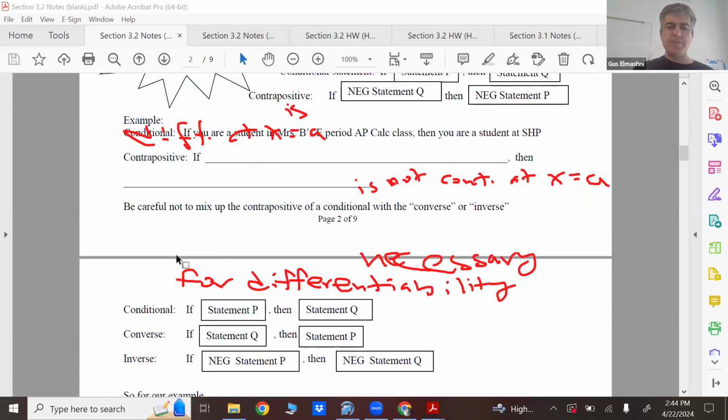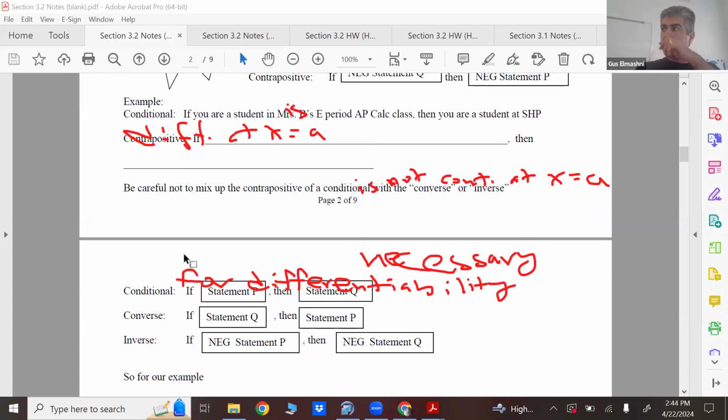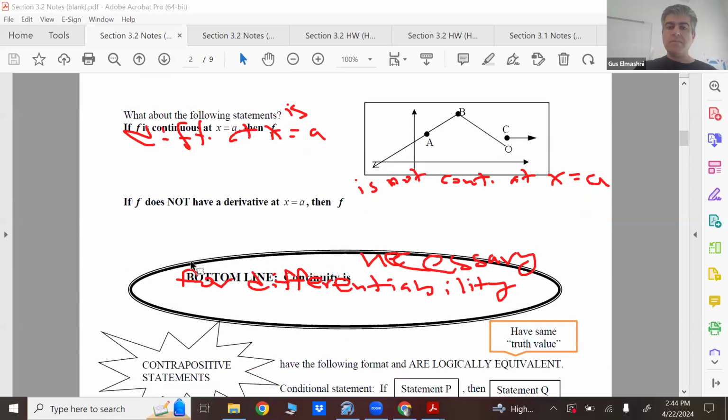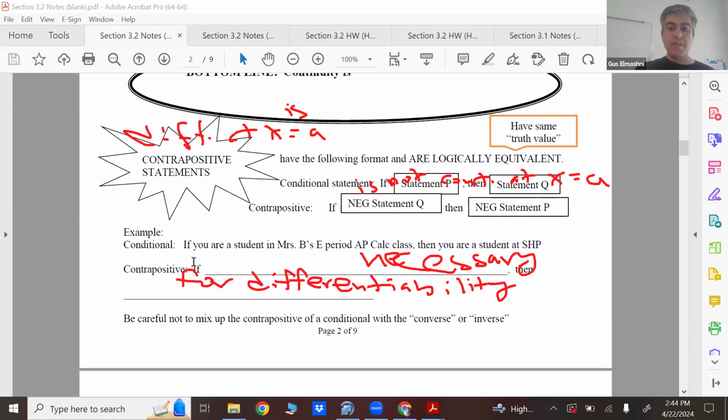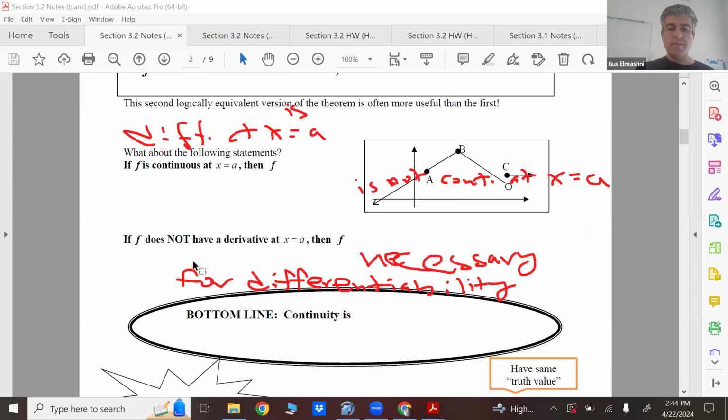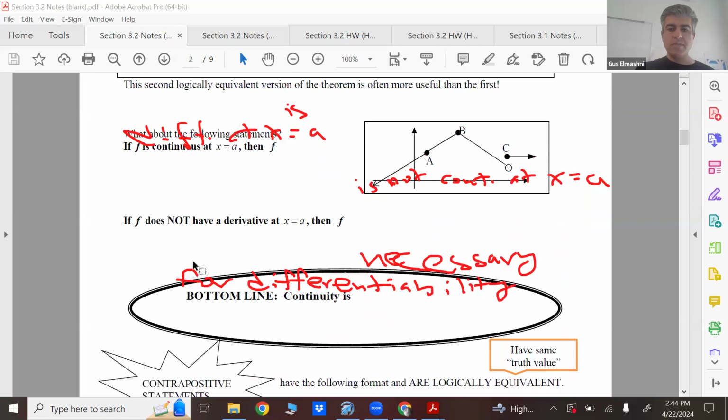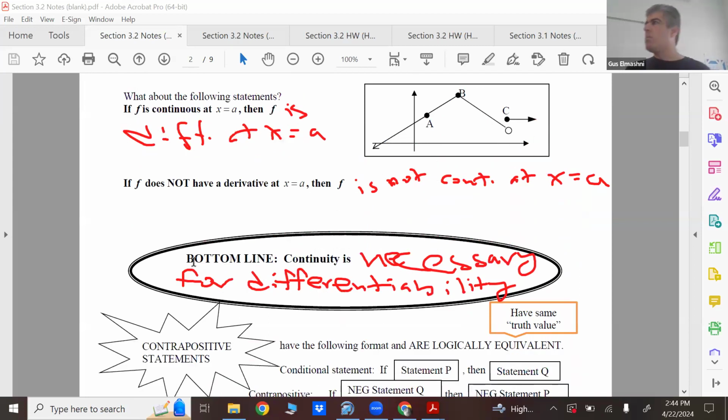So let's do another example. If you're continuous, so you're differentiable. Oh, wait one second.